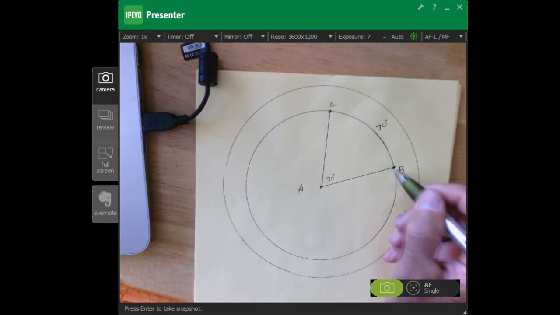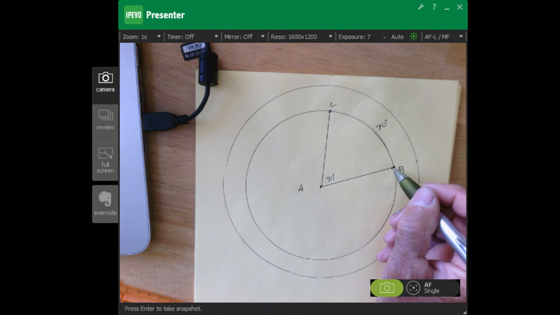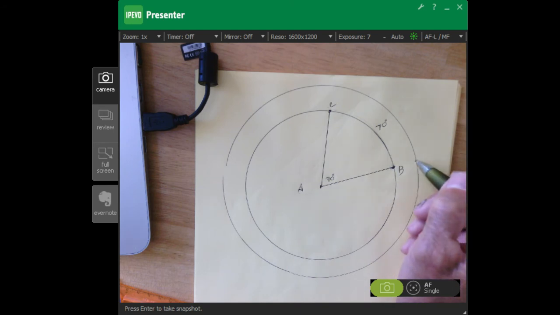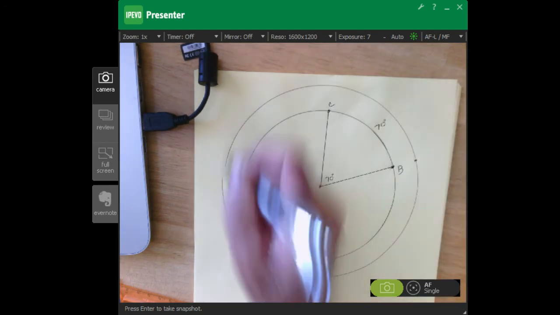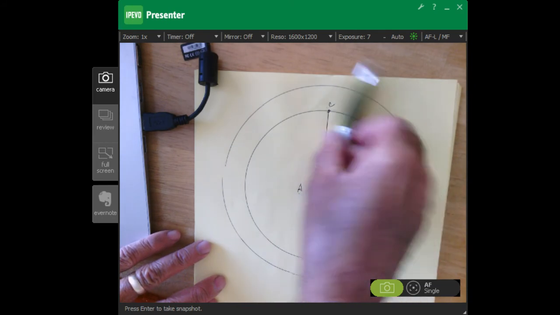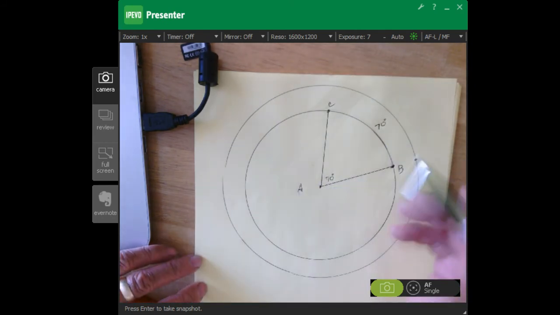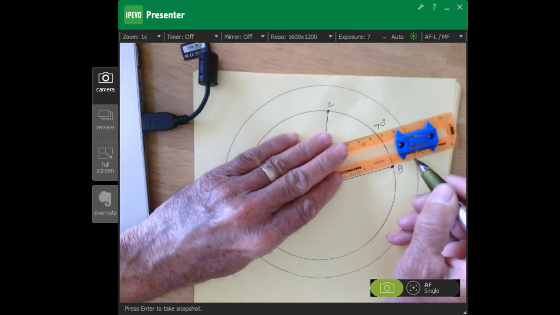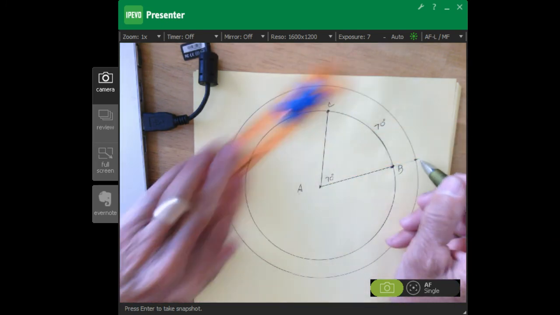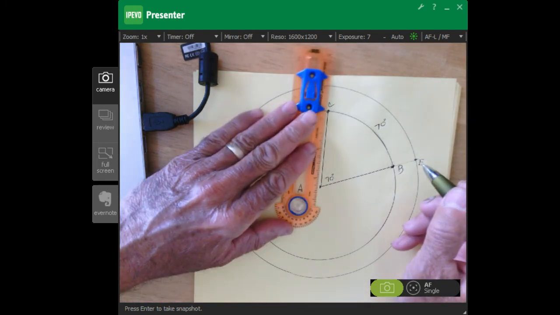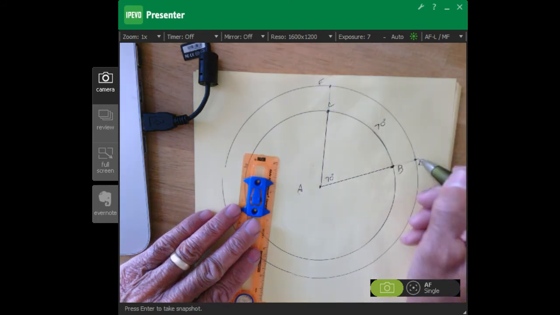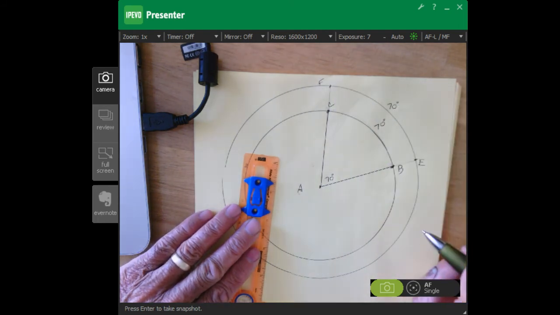Even though this one might take a shorter period of time to get around the sun, this one right here is still going one rotation. So we're looking at rotations, we can still use the same degrees for that one. So if that's point E, and that's point F, this would be 70 degrees also.